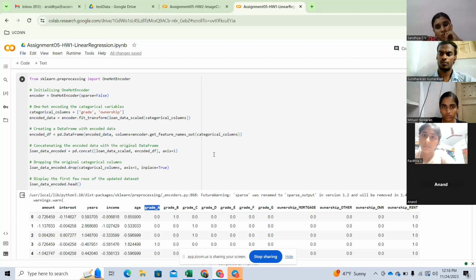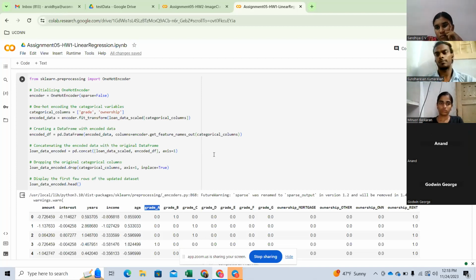If they are not in the same unit, then the way your gradient goes is this: age, for example, will always be between 0 and 100.